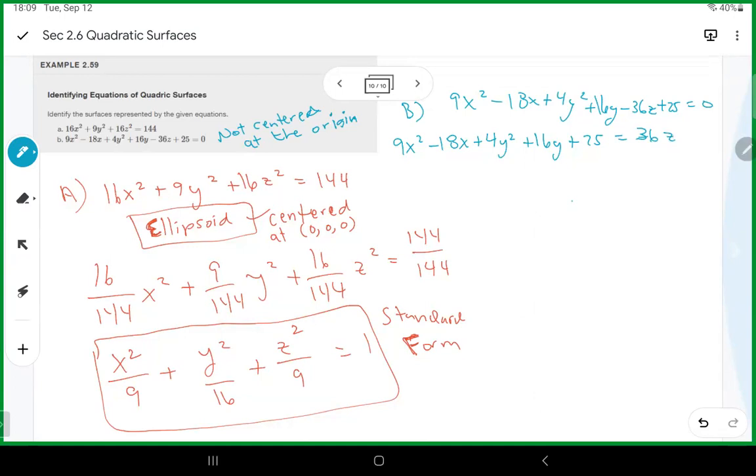All right. Now we're going to pull out our 9 and we'll have x squared minus 2x, pull out our 4, y squared plus 4y, plus 25 equal to 36z.